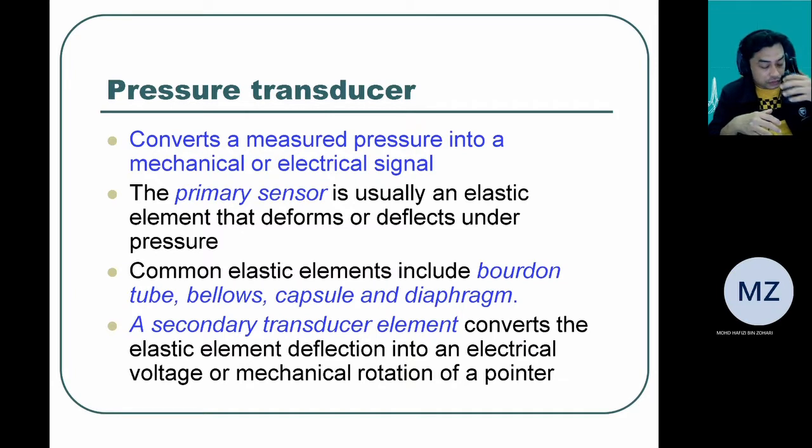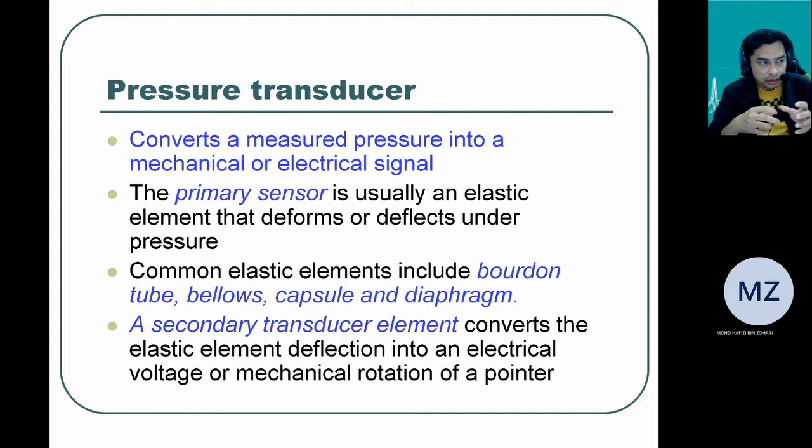The secondary sensor element converts the mechanical motion or deformation from the elastic element into an electrical signal.